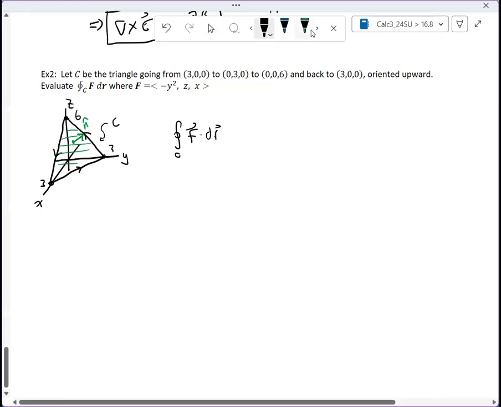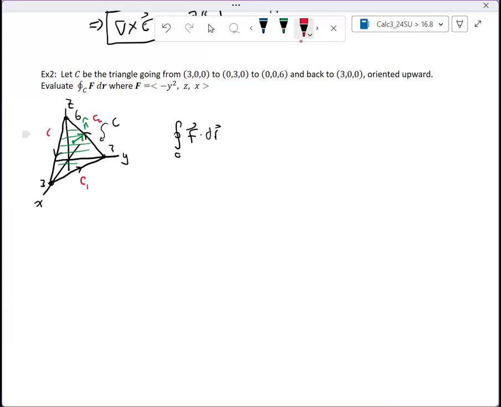Now, one way to compute this line integral would be to make this curve C1, C2, C3, parameterize each of them separately, do a line integral over each curve, being really careful that we get the direction correct for each of them, and then add them together. We could do that. That would be a decent bit of work, not a tremendous amount of work. And in fact, I'll leave it as an exercise to do just that. It might be a good review of line integrals.